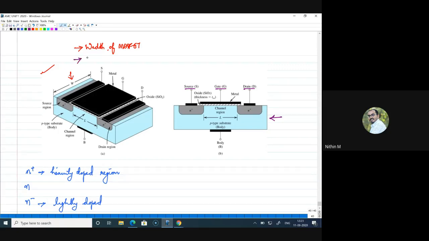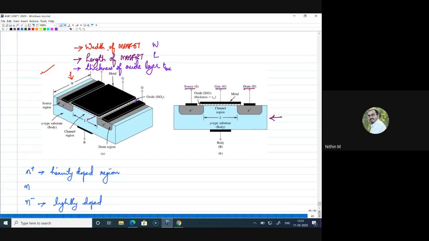The second is length, which is marked here. And finally, one more dimension is the thickness of the oxide layer, which is also marked here. So these are the 3 dimensions. We call these W, L, and Tox.